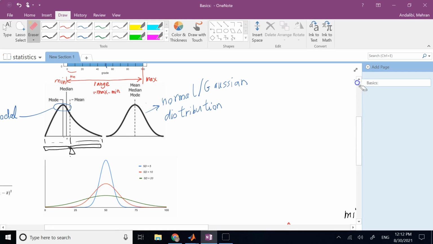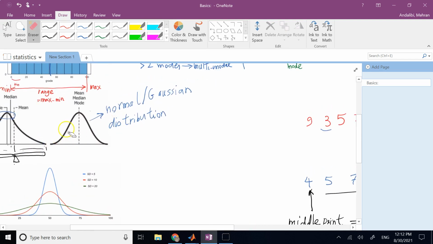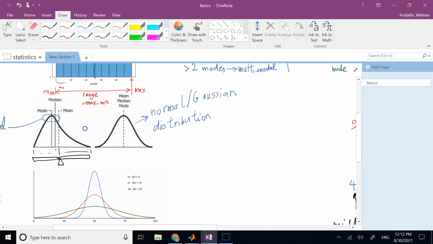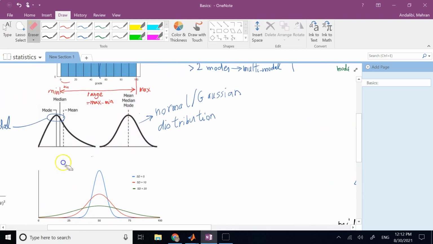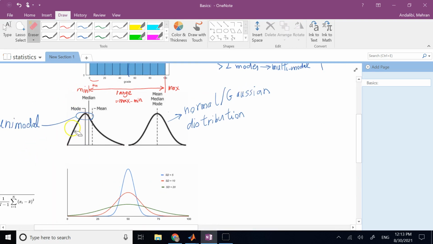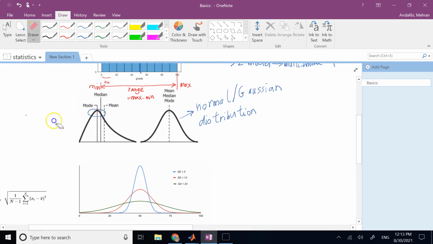The average is a very good representation of the whole population or the whole sample when your population is symmetric like this. When your population is quite symmetric, the average shows what is the typical, or what is the data with the maximum frequency happening, what is the average of the data, and so on.